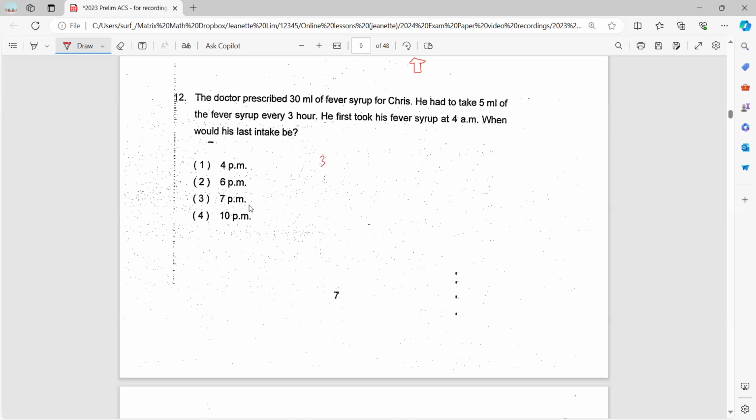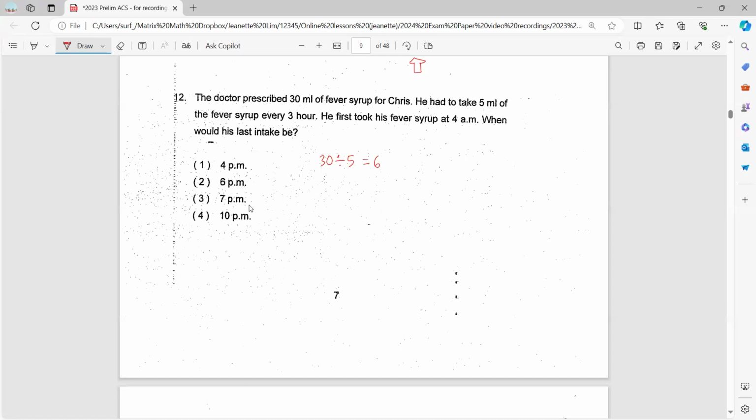Let's find out how many groups of 5 ml. So 6 groups of 5 ml. He needs to take it 6 times, but the very first time that he took is at 4 a.m. So that's the first one.